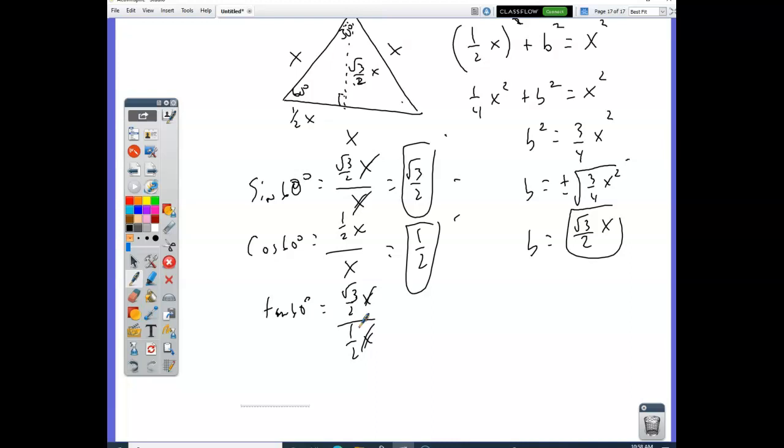How do we do with those? Skip, flip, and multiply. Root 3 over 2 times, flip, 2 over 1. Those cancel out. Root 3 over 1 is root 3. So tan of 60 degrees is root 3.